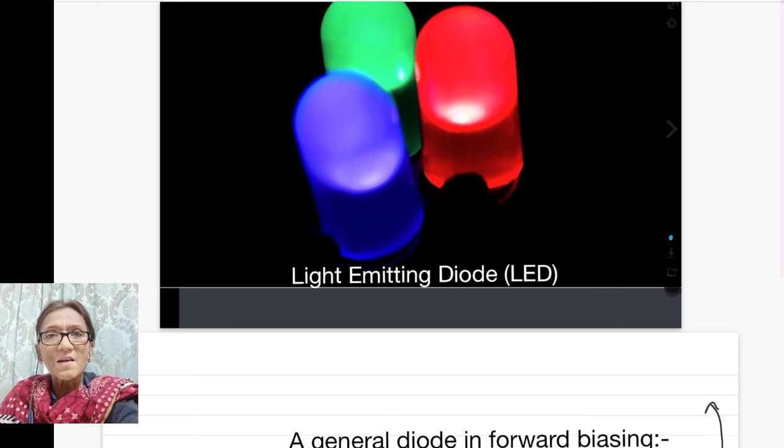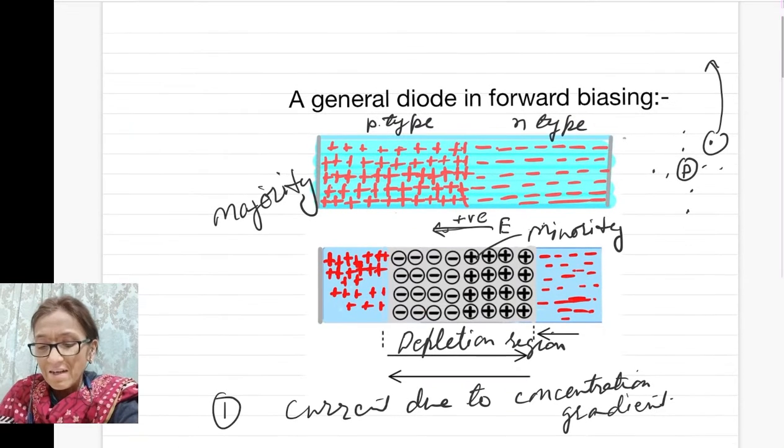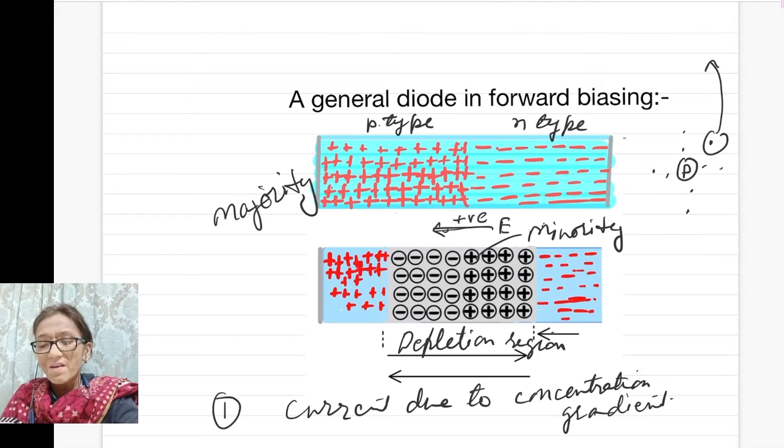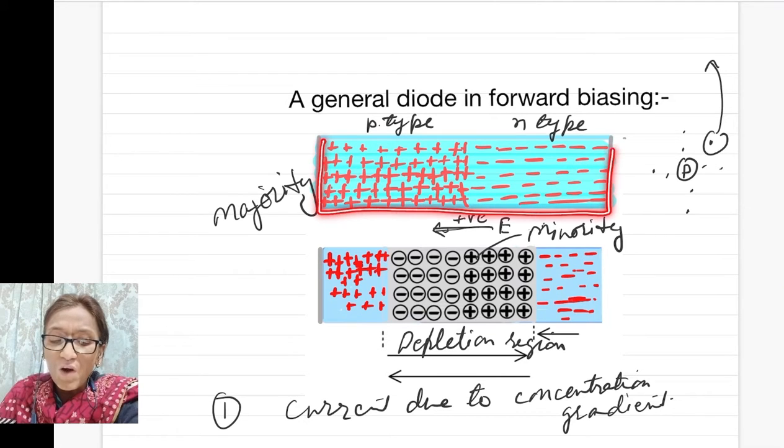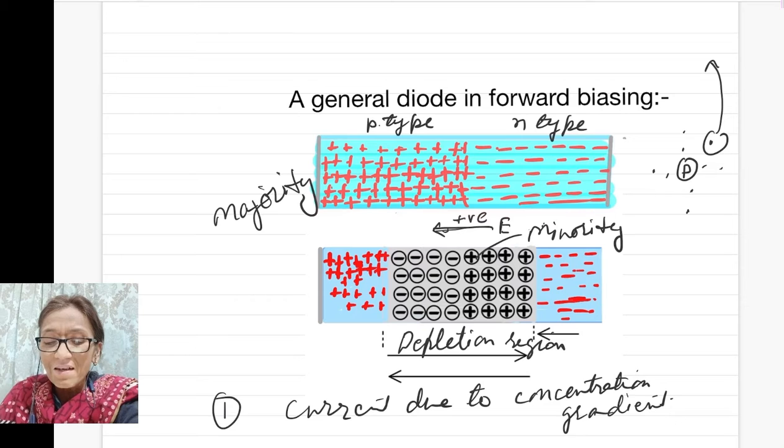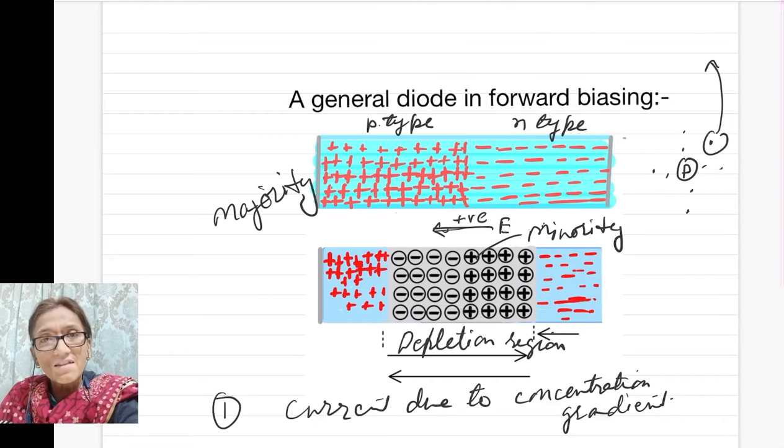To study these LEDs, let me start with a general diode. Here, in one piece of a semiconductor, a PN junction is created. You have P type semiconductor developed on one side and N type semiconductor developed on the other side.